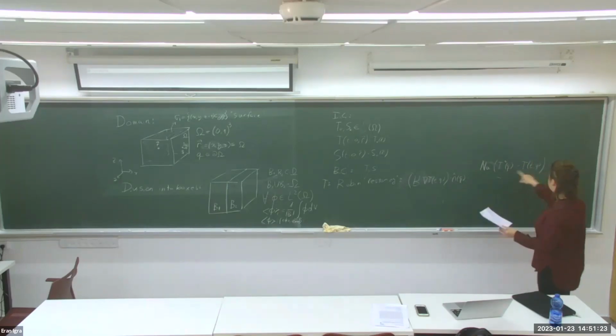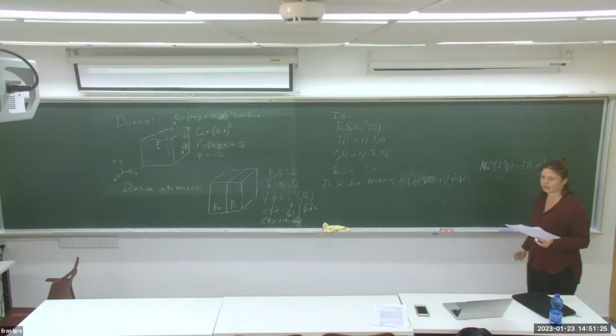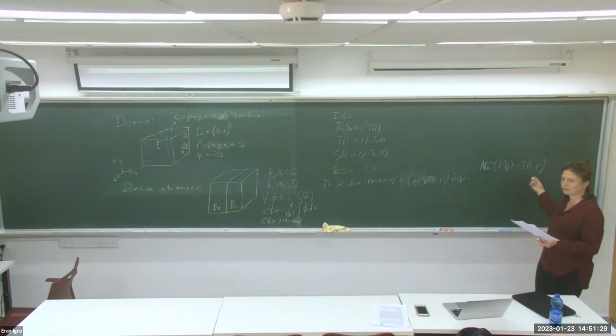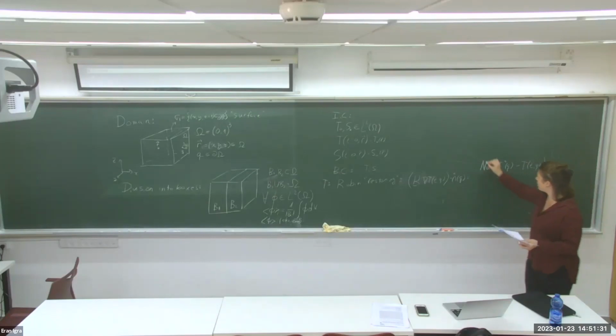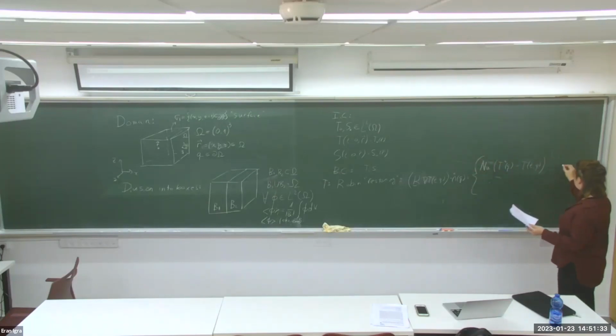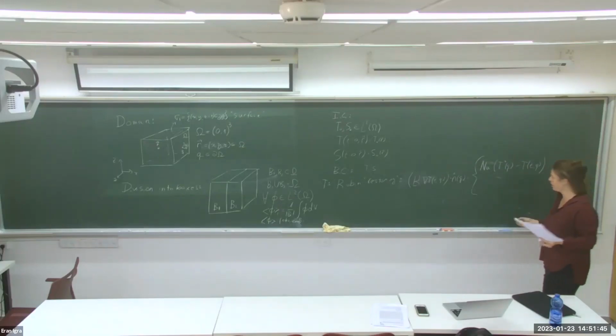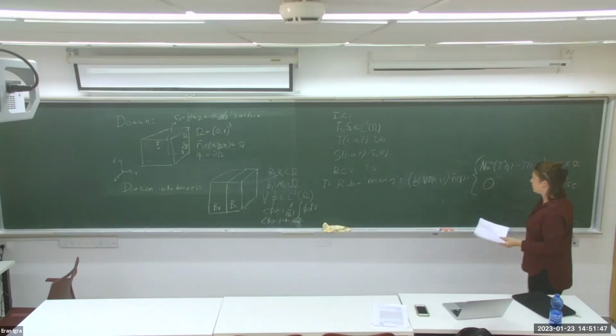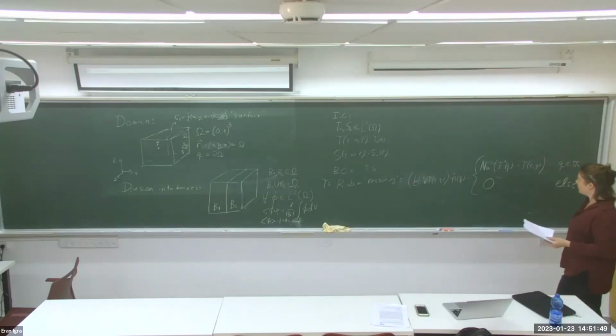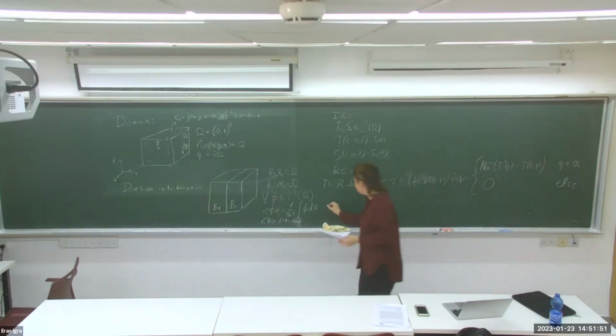So if they're equal, we have no flux of temperature. If they're different, we have a flux of temperature that is proportional to the difference in temperature. And this happens only on the surface. If we are at the other boundaries of the box, we have no influx of temperature. So just 0.